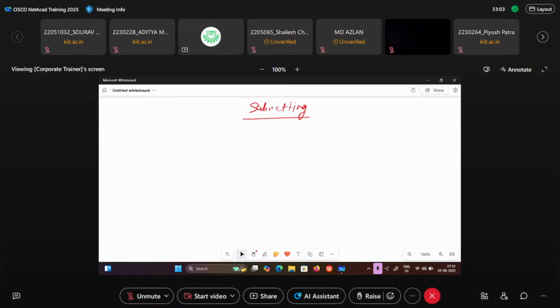Write the another definition. Subnetting is the method of dividing a network into two or more networks, which is called subnetting.